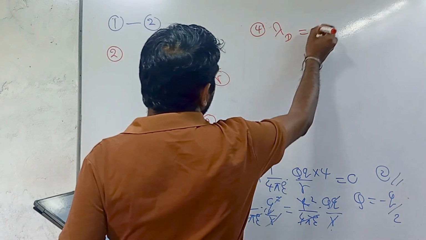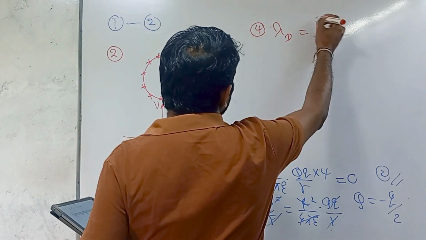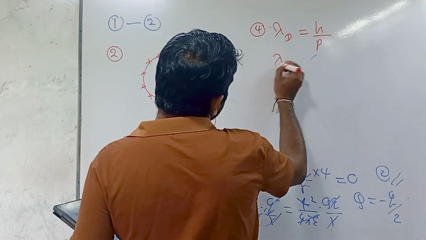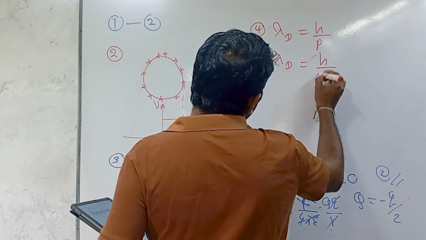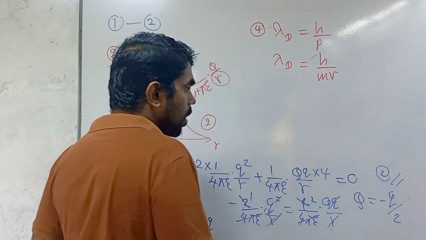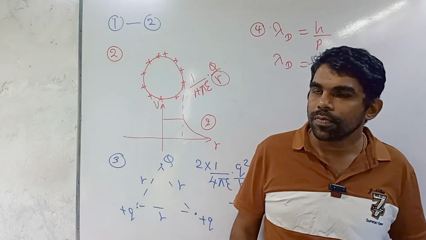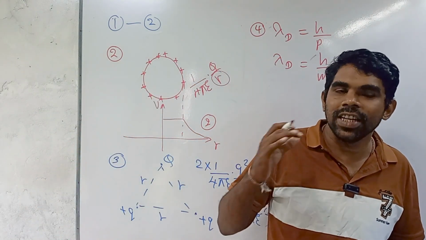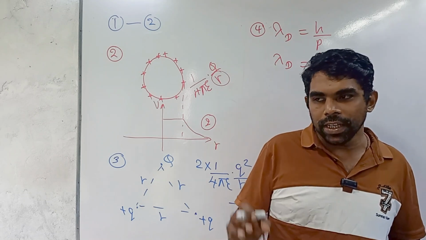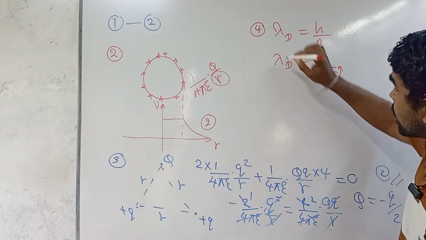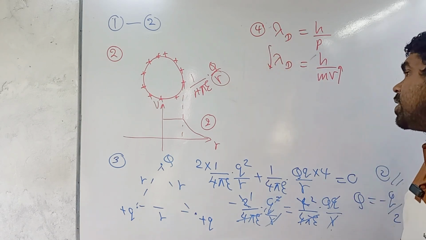Lambda d is h over p, where p is momentum and h is Planck's constant. Then p is the product m v. For the first situation, the electron is moving opposite to the electric field. Therefore, the electron is accelerating and its velocity increases.